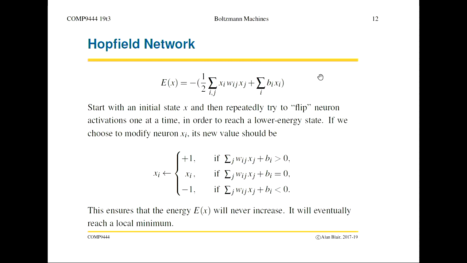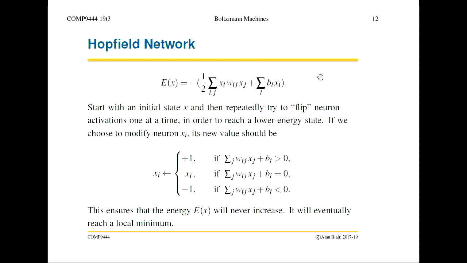Okay, so the way it works is this. Let's say once the energy function is fixed, we start with initial state x, and then we repeatedly try to flip the neuron activations one at a time in order to get to a lower energy state.